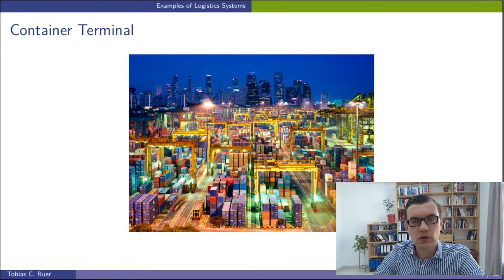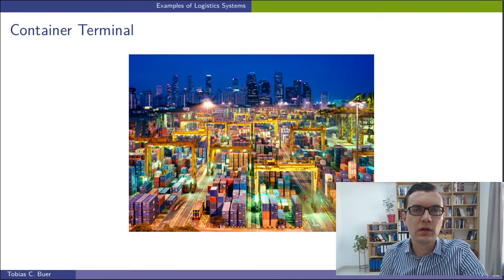We need to control these cranes, these gantry cranes, to pick the containers. Here next to the container blocks, the trucks are coming to pick the container. They drive on these streets, and then the crane picks the container and lifts it onto the truck.